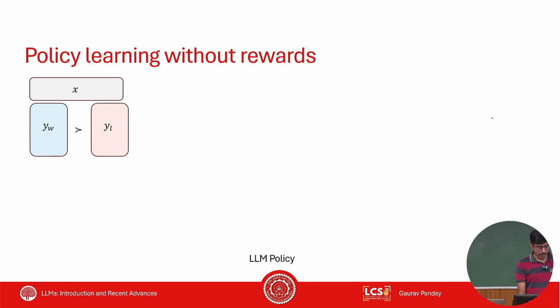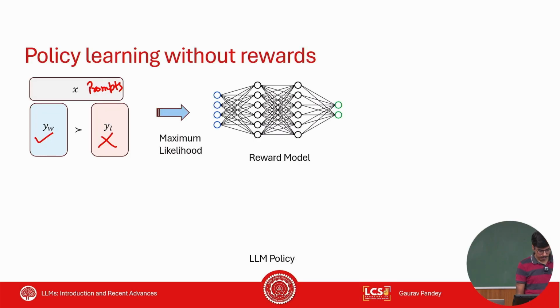So this is the online on-policy RL pipeline that we have. We have prompts, and for each prompt we have a preferred response and a rejected response. This is the data that we have collected, right?